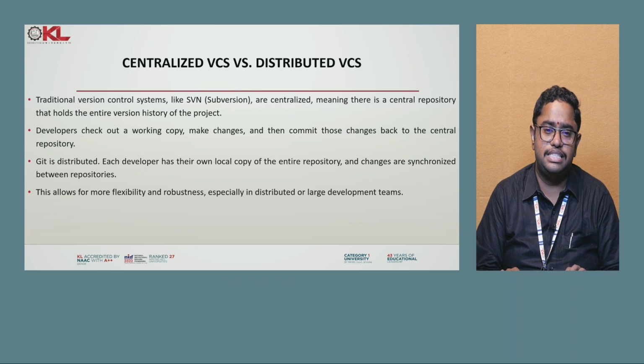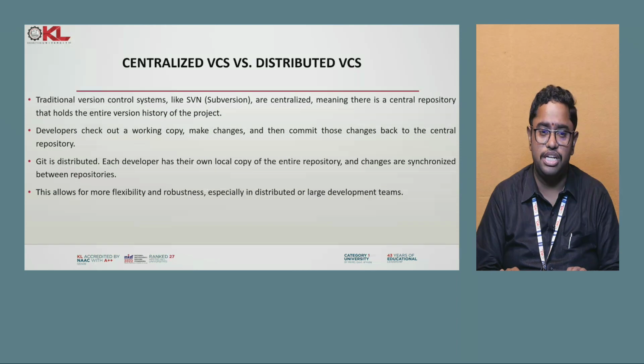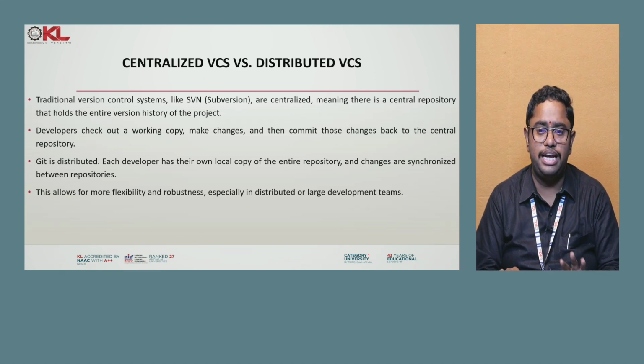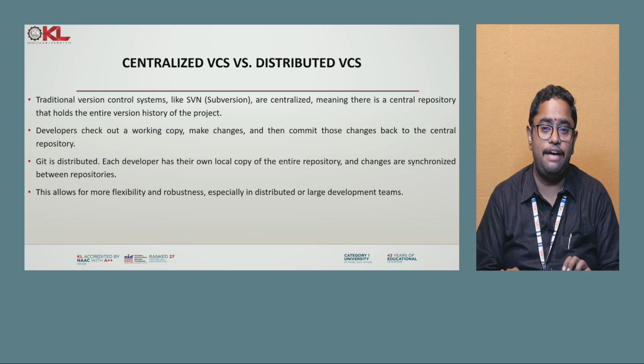So as we said, SVN, which is called Subversion, is considered a traditional version control system. So why is it called traditional? Whenever we call it traditional, it is going to have some limitations. So first of all, we have to know what the limitations of such centralized VCS are.